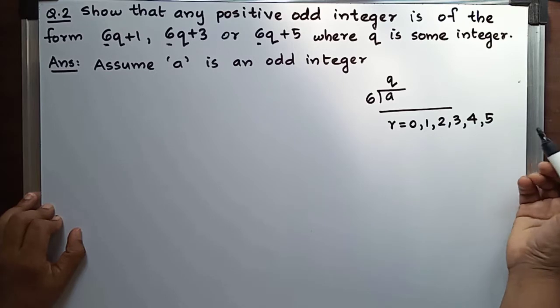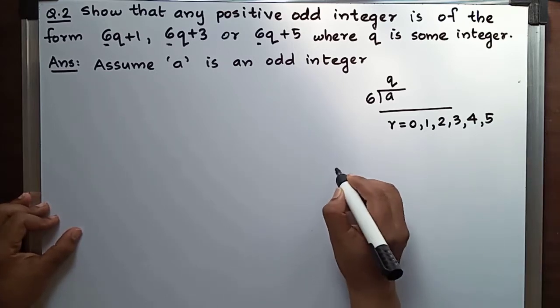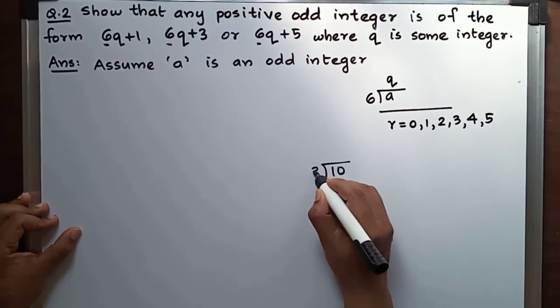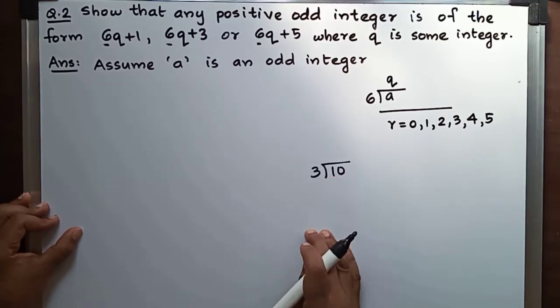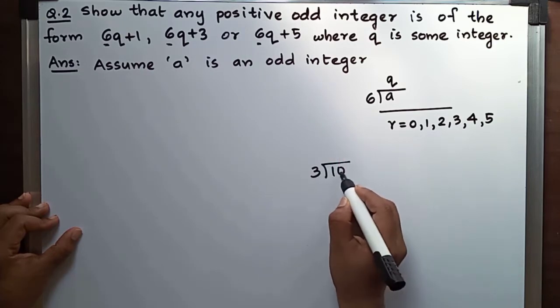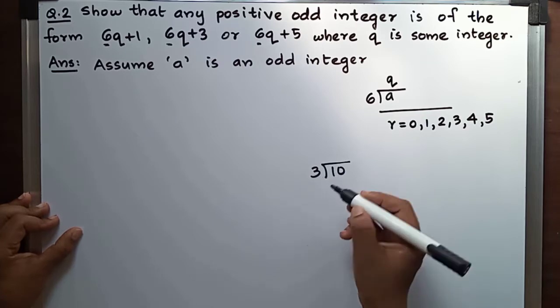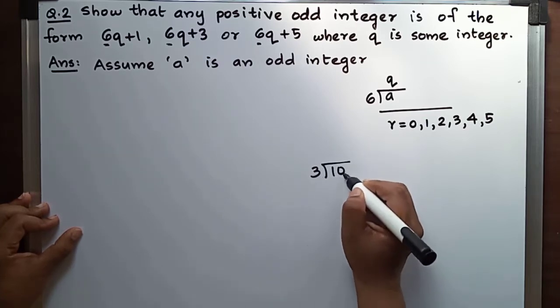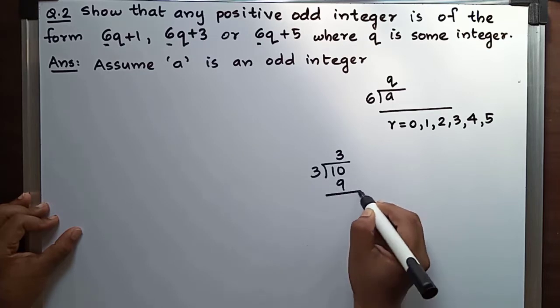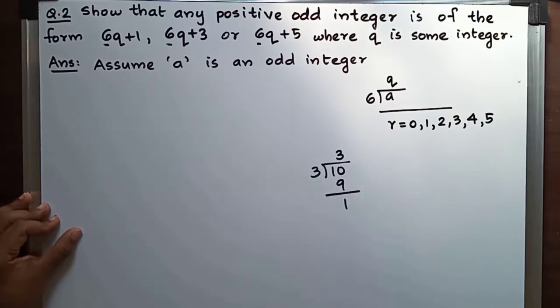If you have any confusions, you just listen here. I am going to divide 10 by 3. Okay, if you don't have any confusions, you can skip it. See here, I have taken the numbers 10 and 3. 10 by 3 means 3 times 3 is 9 and remainder 1.